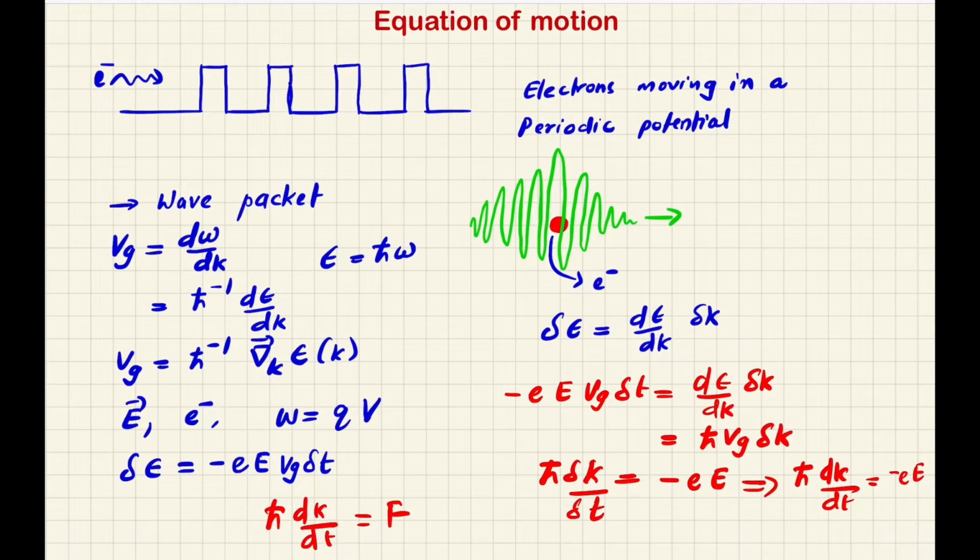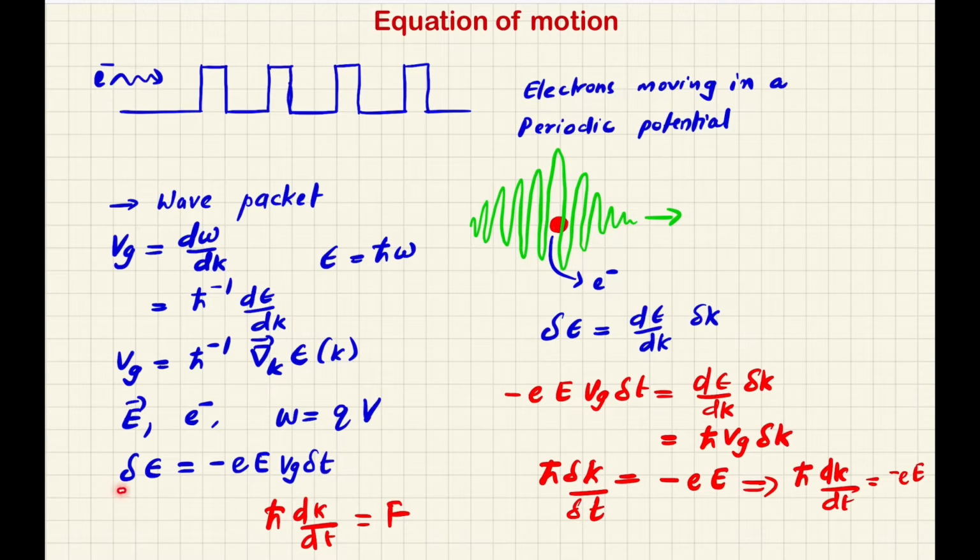Now you assume that there is an electric field, and the work done on the electron by the electric field can be calculated using our familiar expression, work done equal to q into V, where V is the external potential provided by the electric field. We calculate the work done on the electron for a small amount of time delta t.